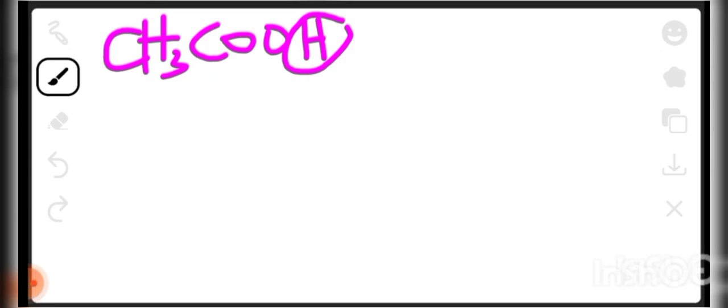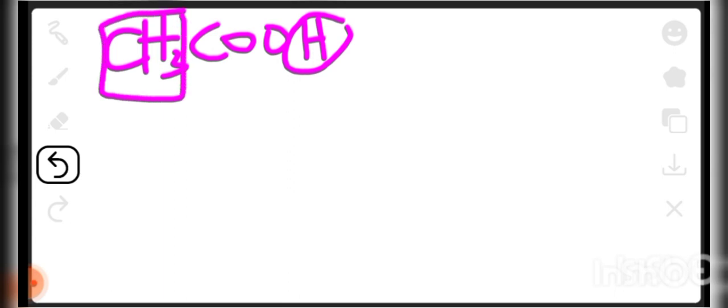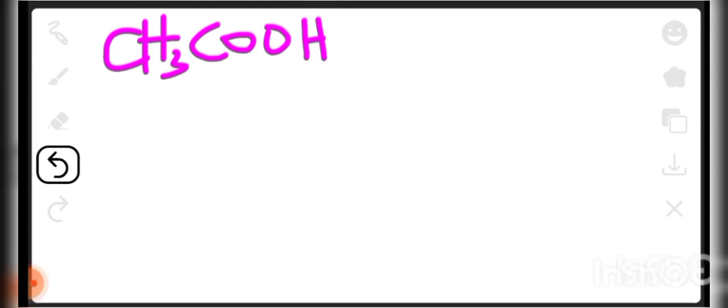It is the proton there, not this one, not that one. Take note of that, because CH3 is together. So if you want to remove hydrogen from this place now, we are going to remove this last one. Take note, not the one attached to this carbon. So the conjugate base now will be when we remove this.